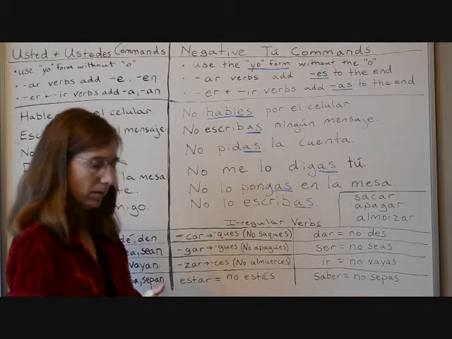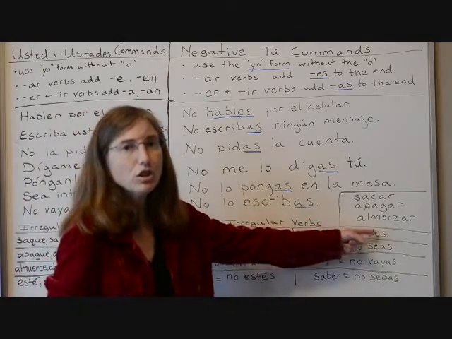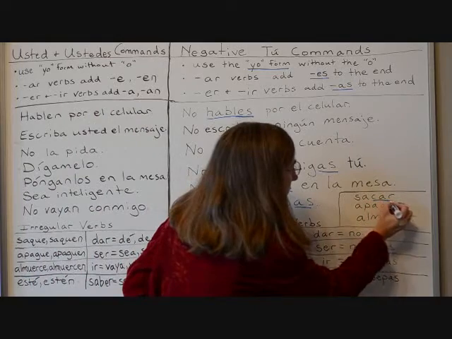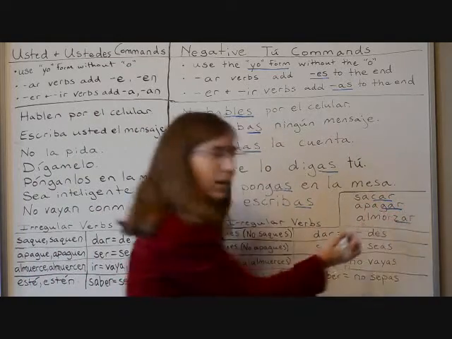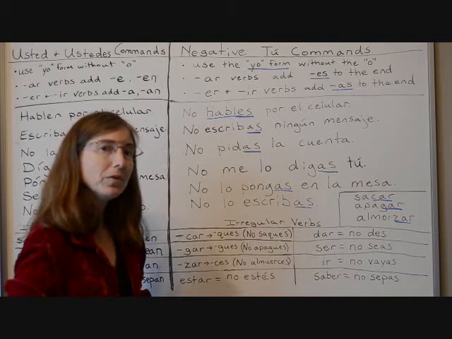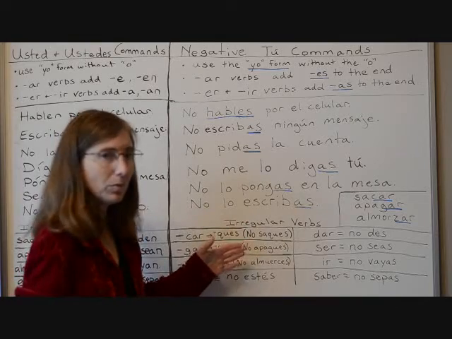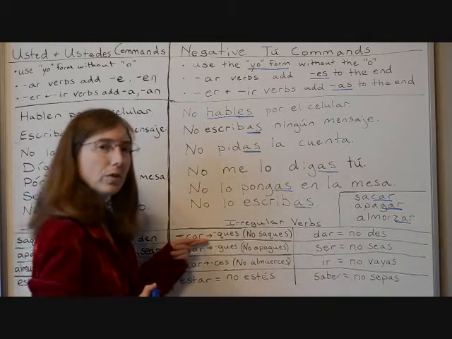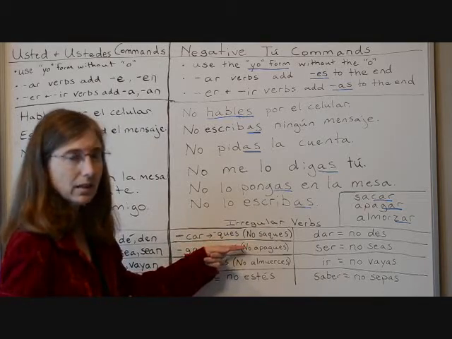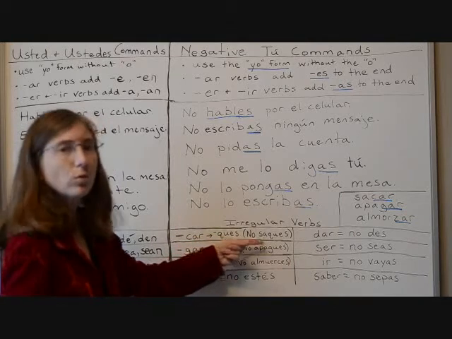Now, because of spelling changes in verbs that end in CAR, GAR, and ZAR, sacar, apagar, and almorzar are examples of those verbs. There are going to be some spelling changes in the negative tú command forms of these verbs. So for the CAR verbs, we add QUES on the end instead of just ES, and it becomes no saques.